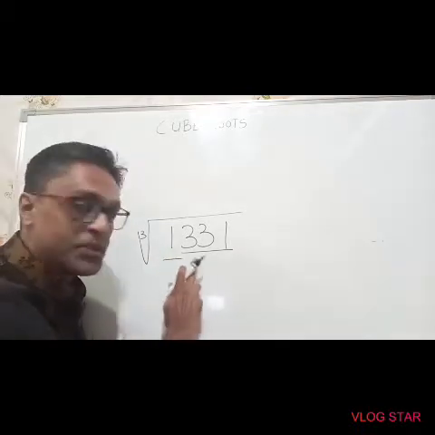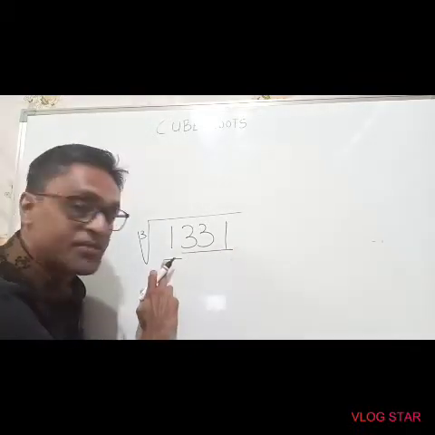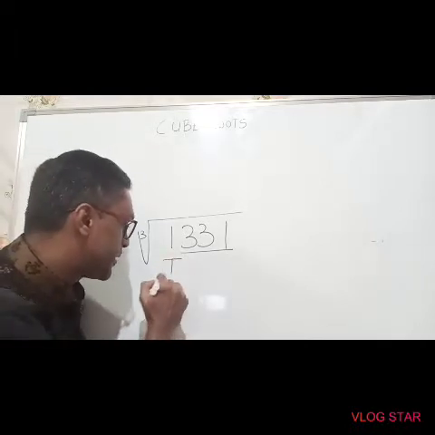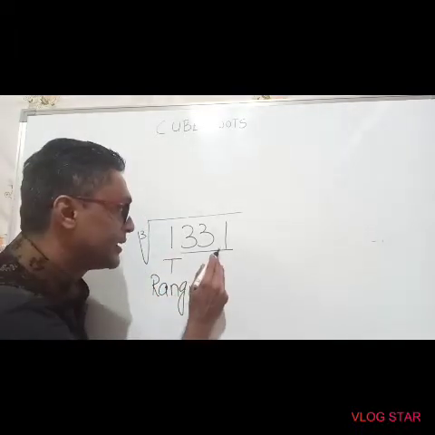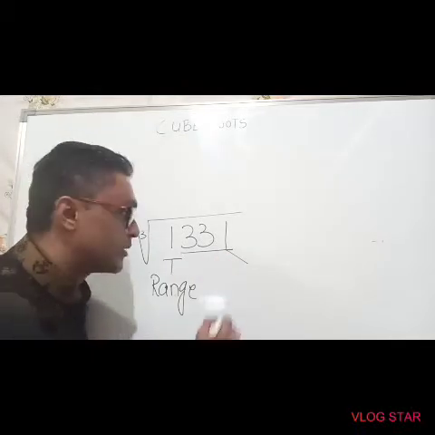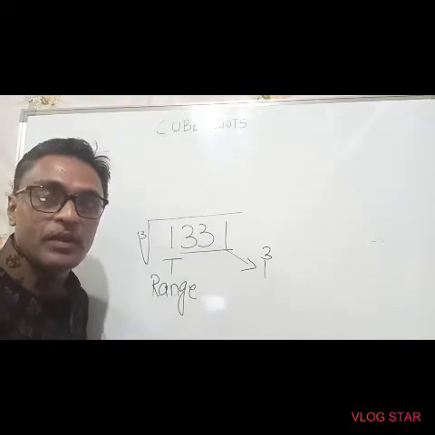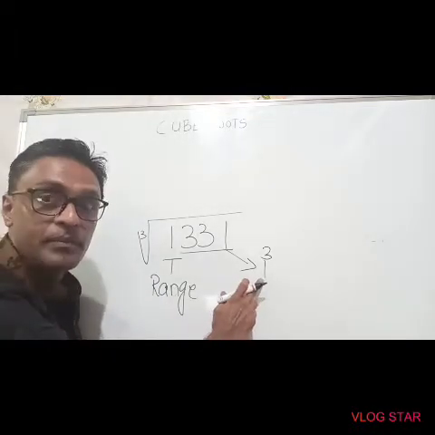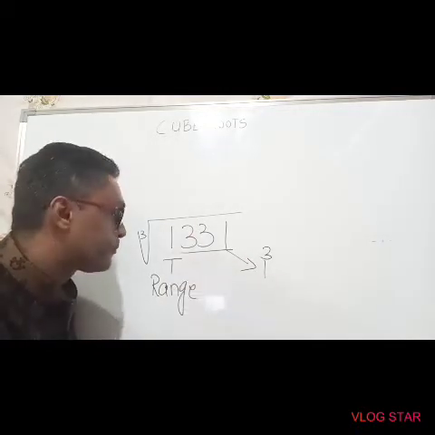Here in 1331, I have divided the last 3 numbers 331 as one group and the left side number, 1, as another group. For the left side number you have to take a range, and for the last group you have to focus only on the last number. You have to find the cube of the last number mentally.